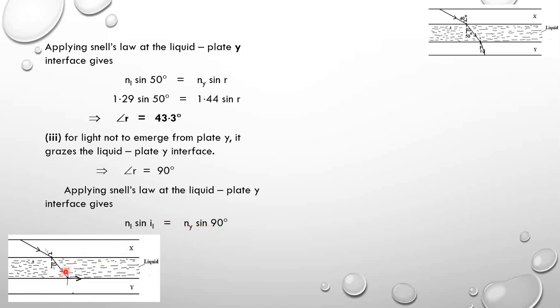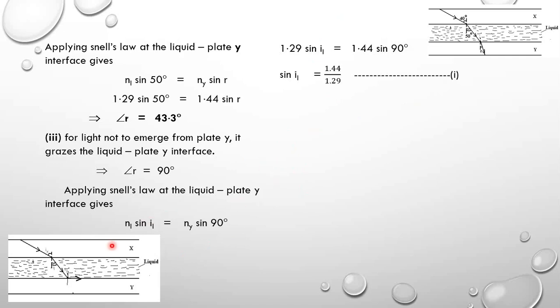This is IL, and we're moving from the liquid to Y. And then also we know that Nl is 1.29, and Ny is 1.44. So if we substitute for that and make sine of IL the subject, we shall have 1.44 divided by 1.29. That is equation 1.